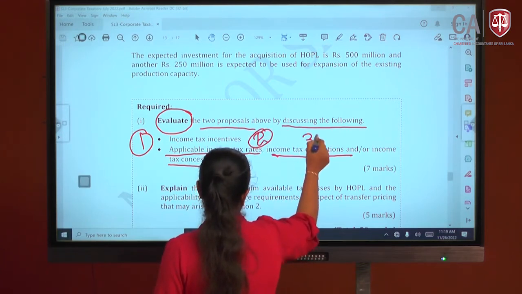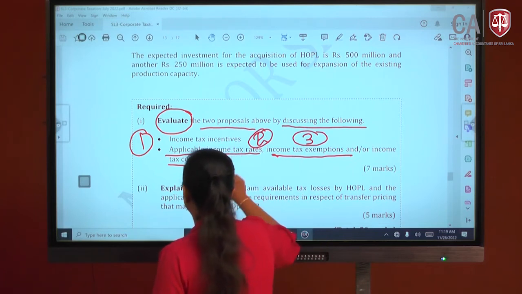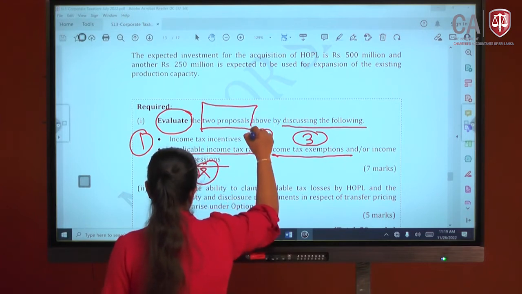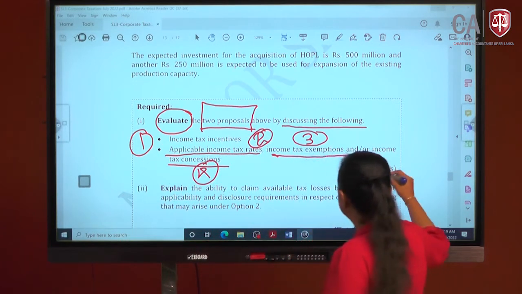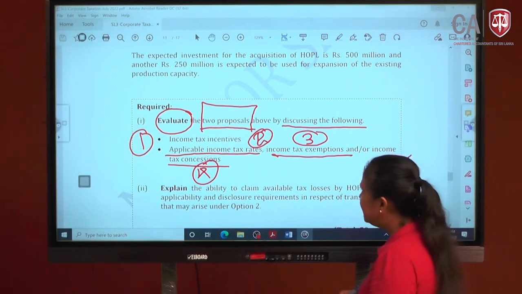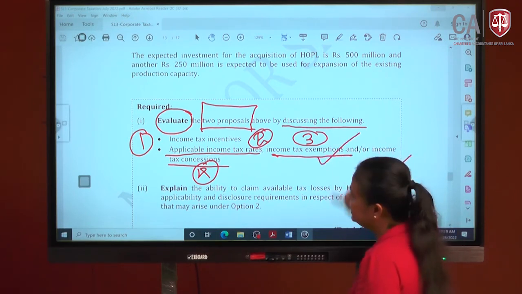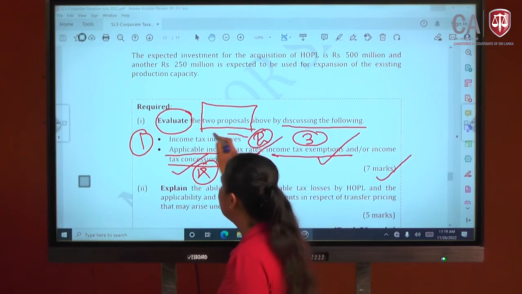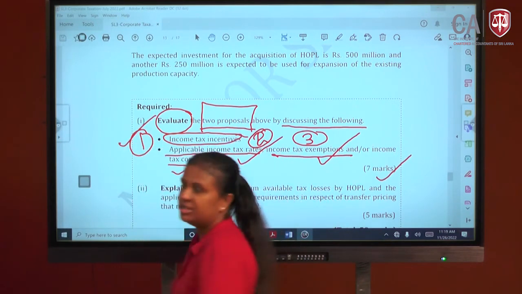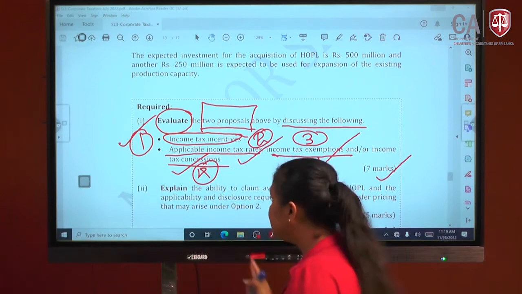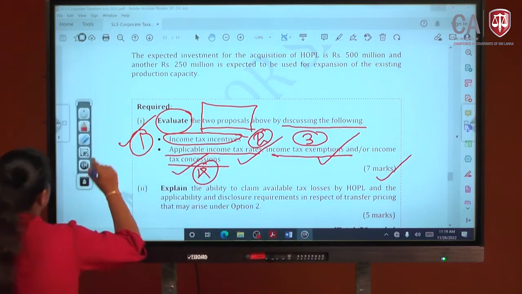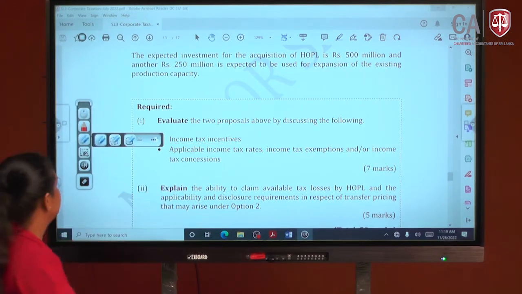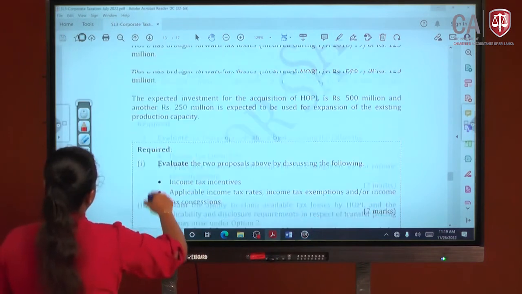You have to evaluate the 2 proposals separately for 7 marks by telling the income tax exemptions, applicable income tax rates and concessions, and any income tax incentives together. Then let me come to the explanation of this by reading the question.